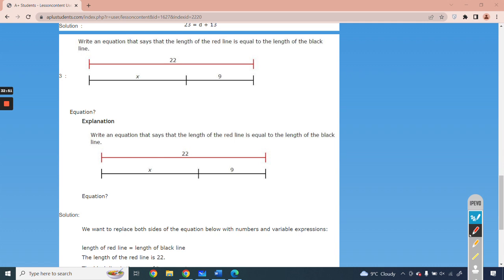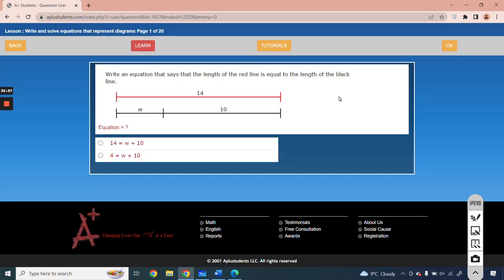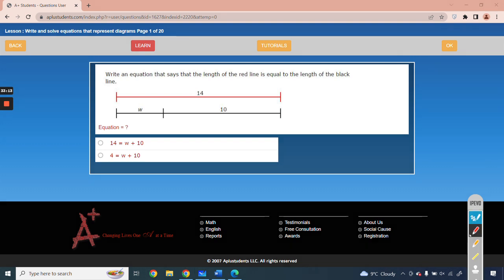Okay, let's just start with the test questions. Write an equation that says the length of the red line is equal to the length of the black line. The length of the red line is 14, and the black line is divided into two parts. One of them is w, and the second one is 10.